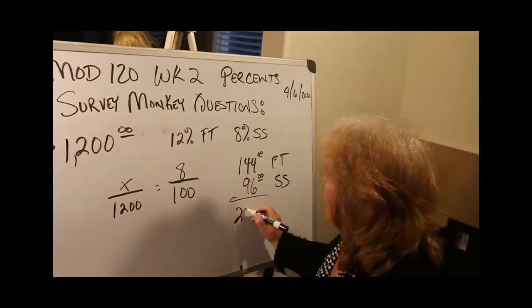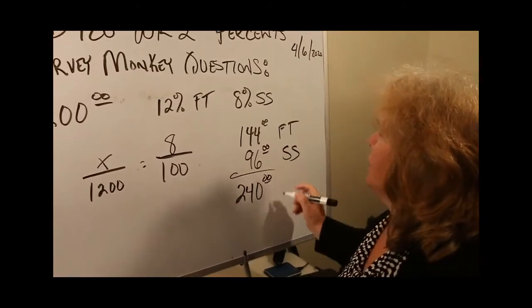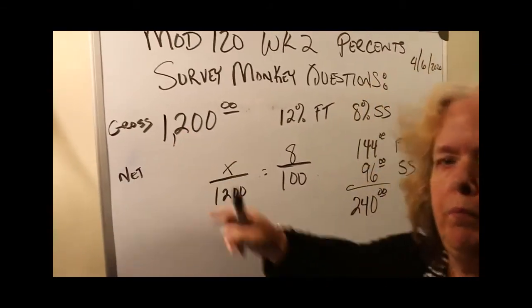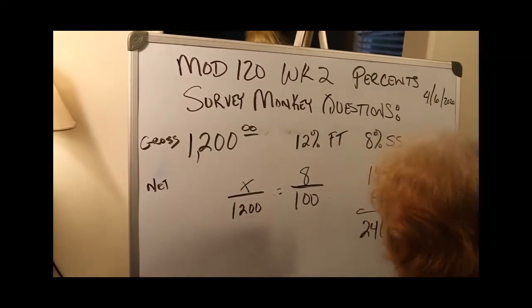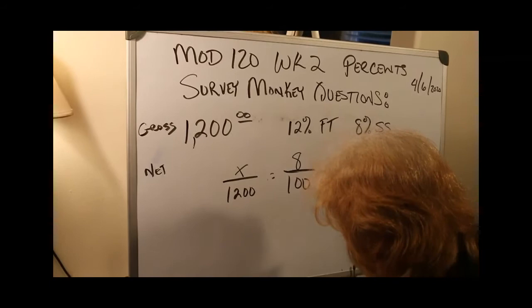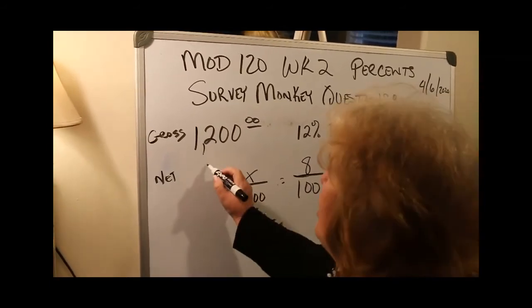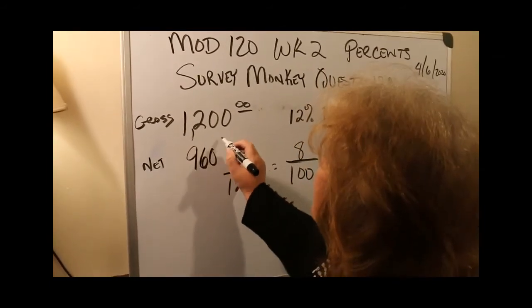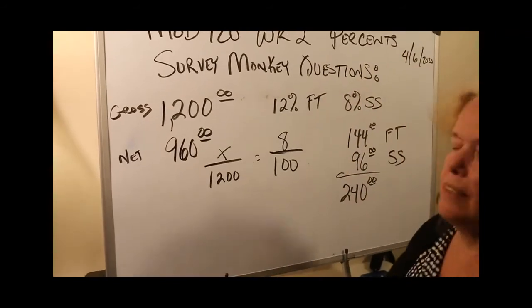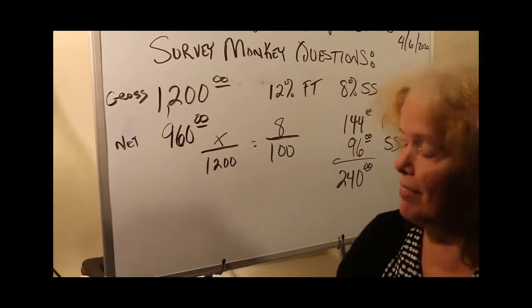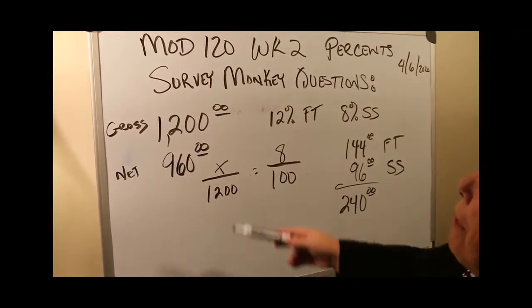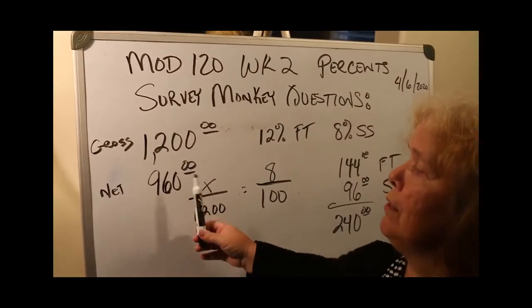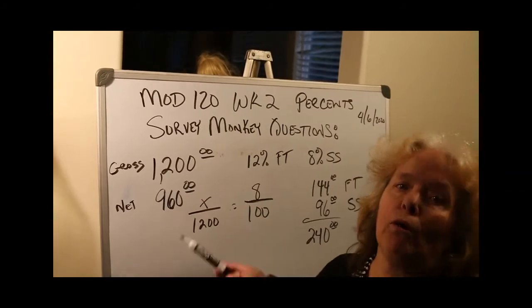So he's going to pay a total of $240. Subtract that from the 1,200. 1,200 minus 240 equals. He's going to bring home $960. That sounds about right. Okay, poor guy who grosses $1,200 a paycheck, he probably brings home $960 of it or less.